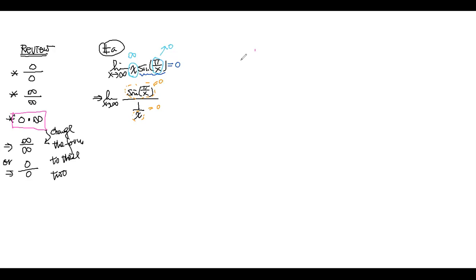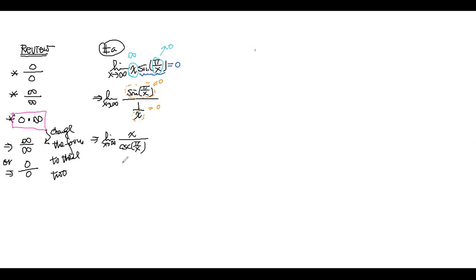Some people might ask, can I do it this way? Limit as x approaches infinity, put the sine on the bottom and switch the x, so this will be x over the cosecant of pi over x.